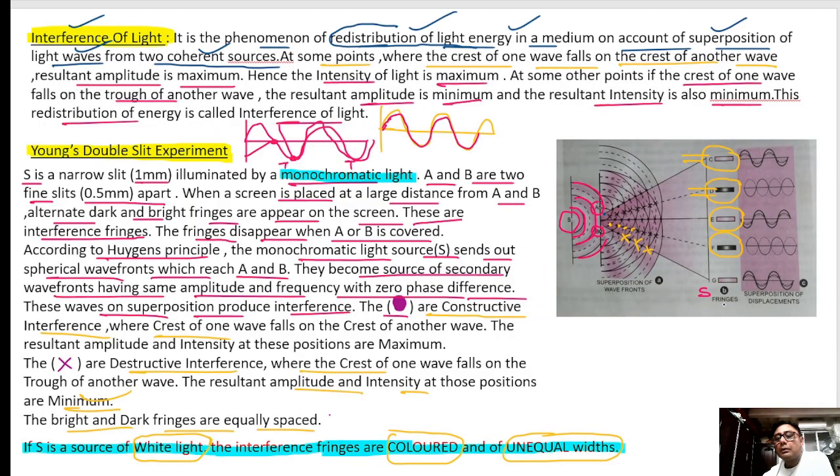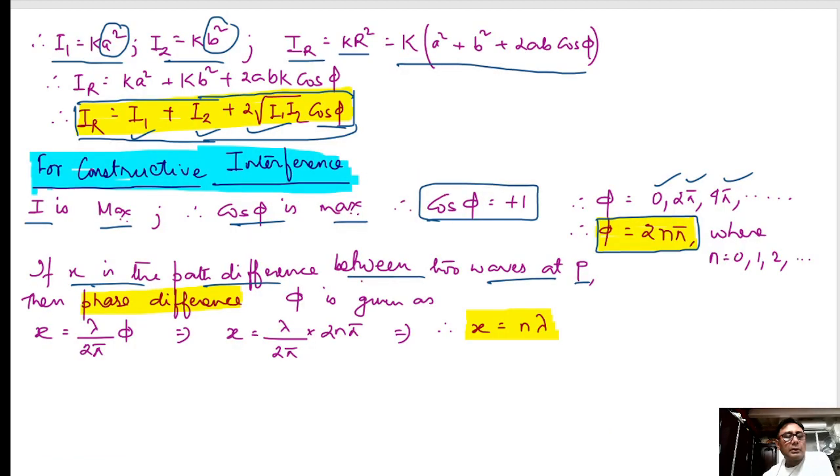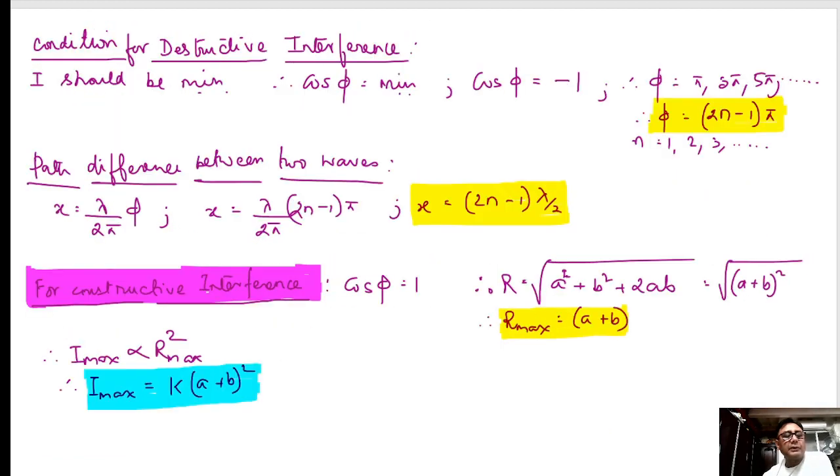Suppose one wave reaches like this, and another wave reaches like this. So what is the path difference between the two? This is the path difference, this much. Clear? That is what we have to find out, the path difference between the two waves.